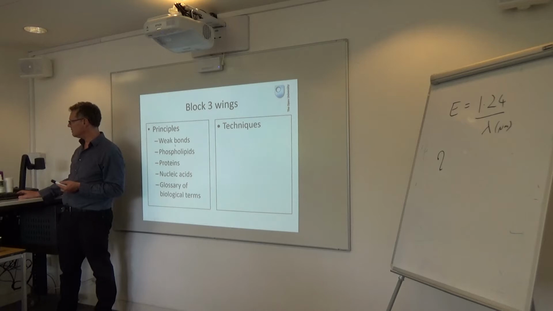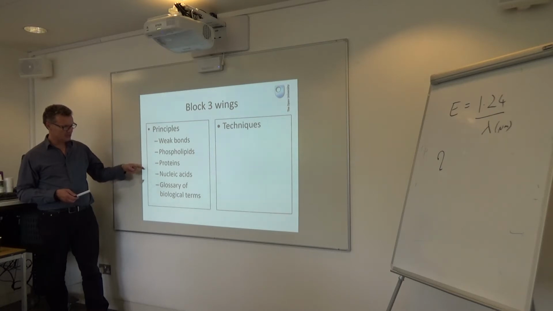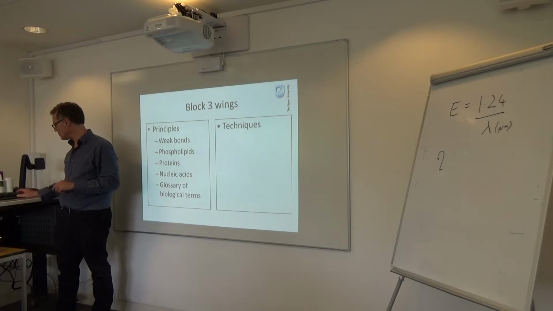In terms of the wings, again talking about the biological side, how the wing bonds work, being able to draw these kind of things, do rough sketches of them, and I think that would be it for the principles.